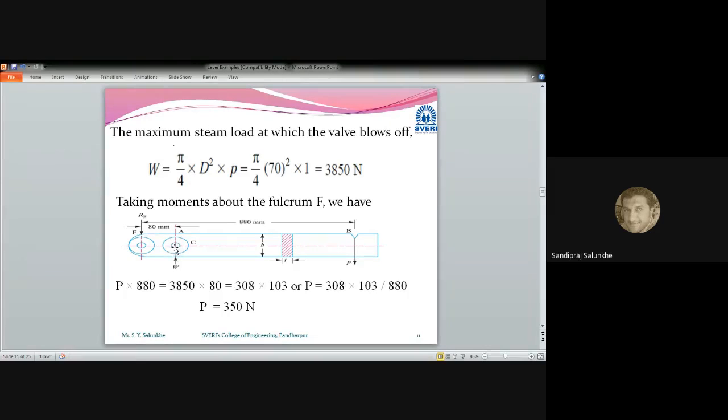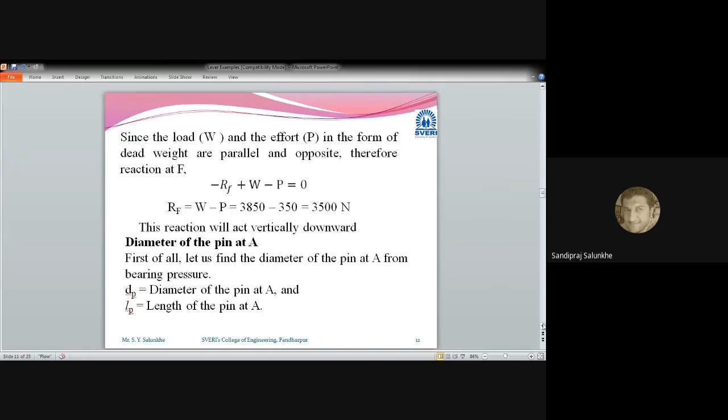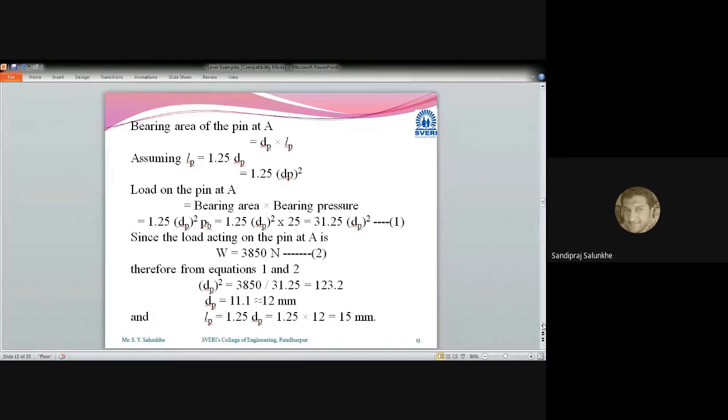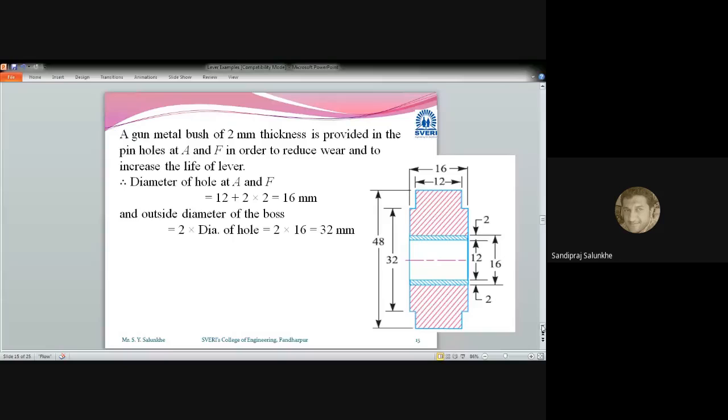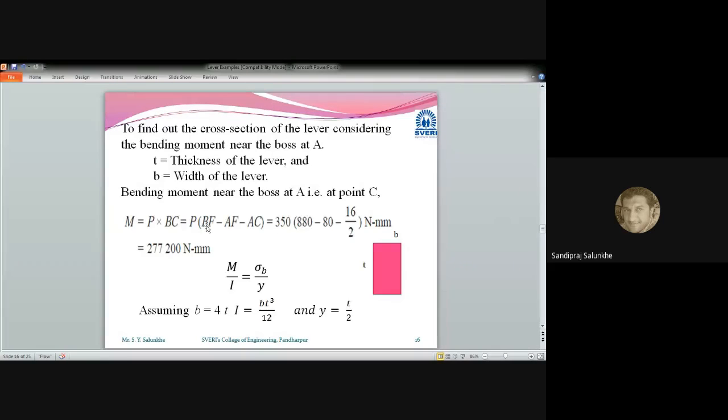So we are going to calculate the bending moment at this point. It is equal to P multiplied by its distance, that is 880 minus 80 millimeter, that is 800, that is clockwise, minus the anti-clockwise bending moment, which is F multiplied by 80. And if you calculate it from one side only, that is equal to P into BC.